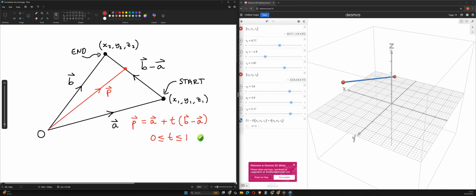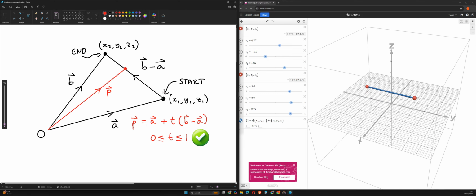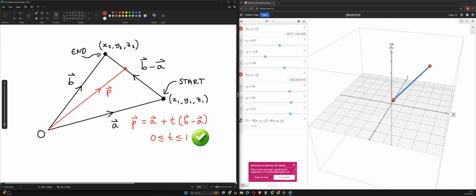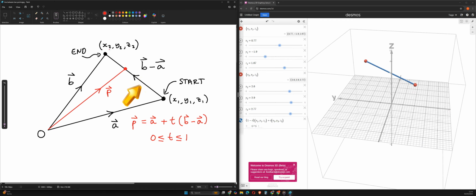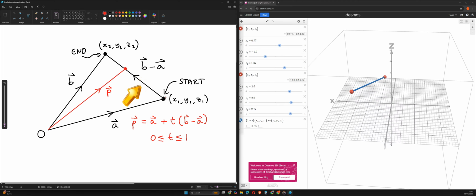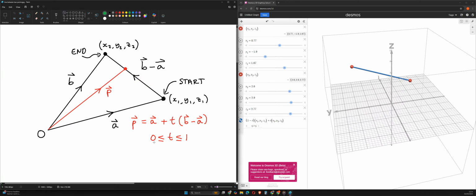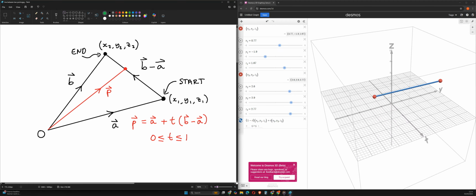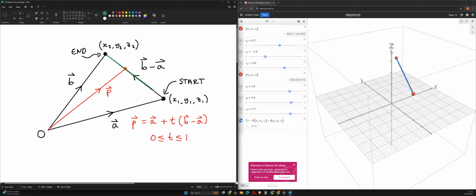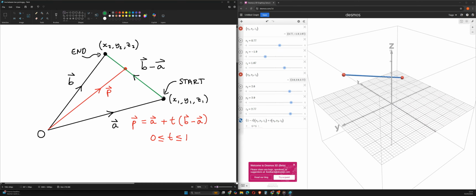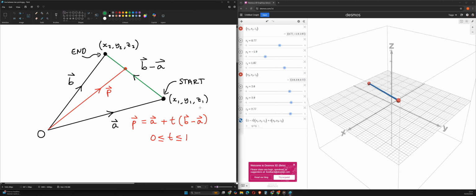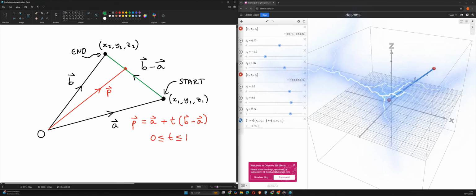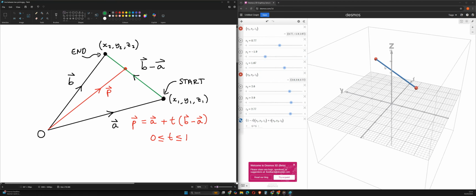Okay, this ensures that this point stays within the line between these points over here. By setting t between 0 and 1, you activate every point on this vector over here. And that's what generates this line that you see to the right.